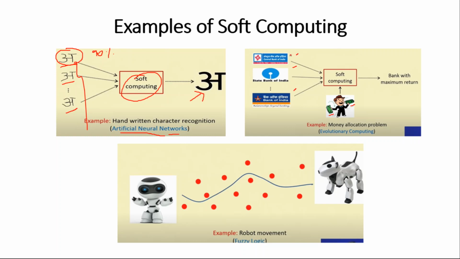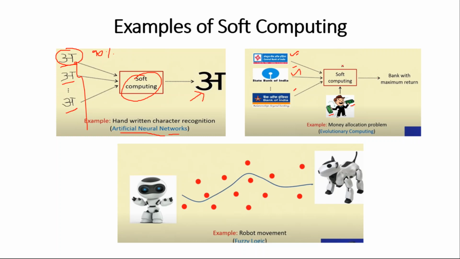Maybe in Central Bank of India he may put some amount under fixed deposit, and in another bank he may put some amount into a pension plan or something like that. Like that he wants to invest different amounts of money in different banks so that his return will be maximum.